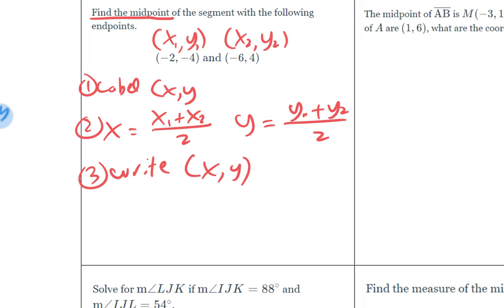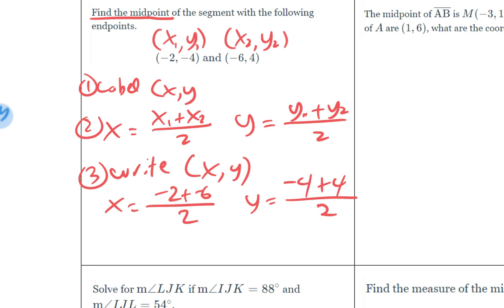On this one, x equals the two x values: -2 plus -6 over 2. The y value is -4 plus 4, because those are the y's, over 2. If we put that in our calculator, we just type that in just like that. That's going to be -8 divided by 2, which is -4.